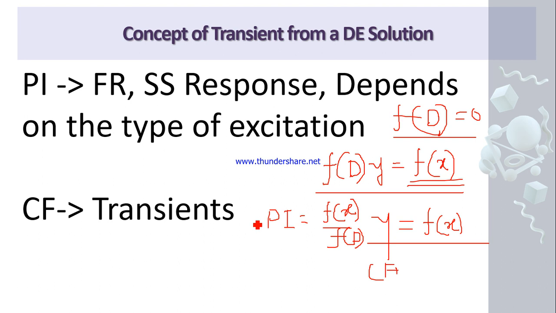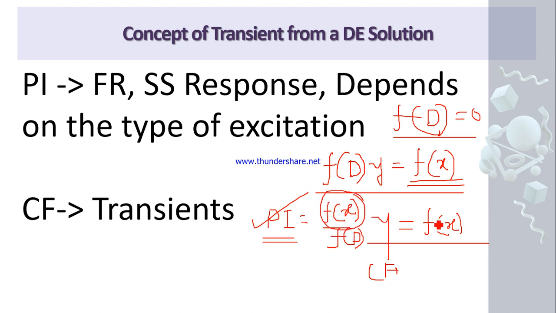Here, this particular integral will indicate the steady state response or forced response, which is dependent on the type of excitation. This PI part is completely dependent on the excitation part.